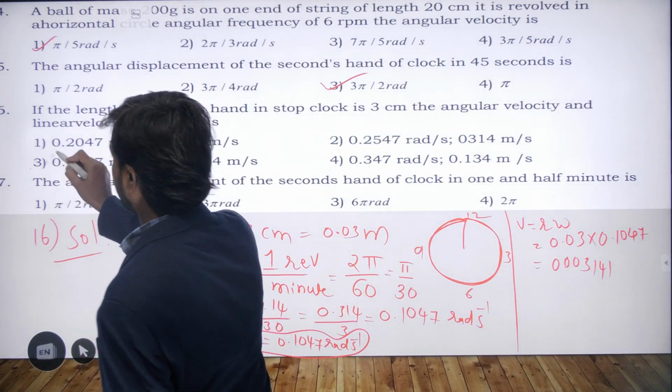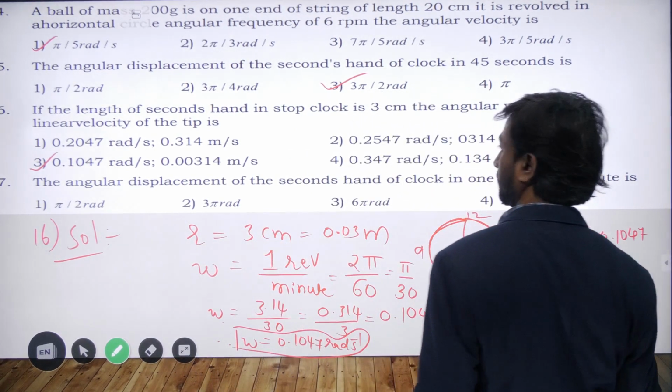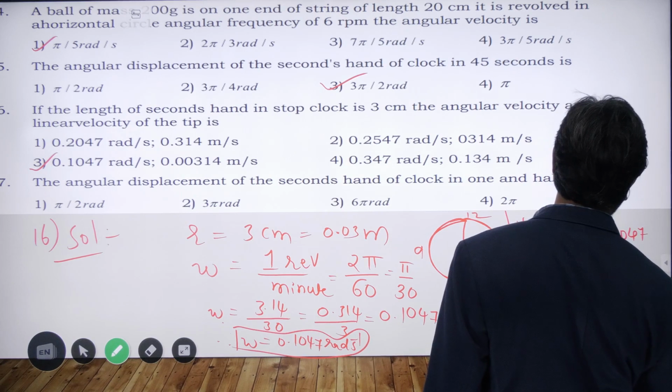This third one will be the answer. So this is the linear velocity, and it is in meter per second.